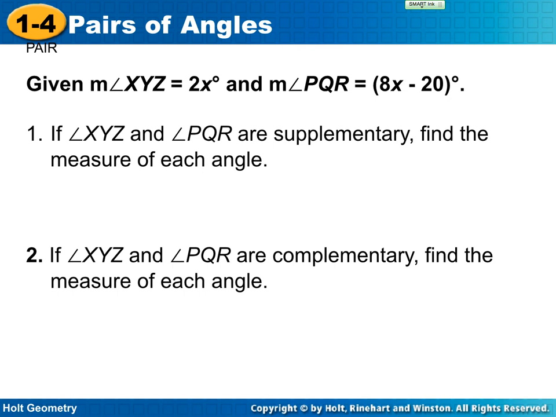Once you think you know what x is, substitute in to find each angle, and to check it, they're supplementary, they should add up to be 180 degrees.